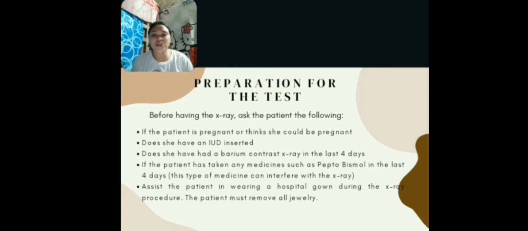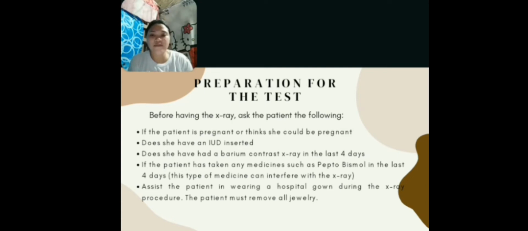So, preparation for the test. Before having the X-ray, ask the patient the following. You must ask the patient if she is pregnant or thinks she could be pregnant, and does she have an IUD inserted, and has she had a barium contrast X-ray in the last 4 days.